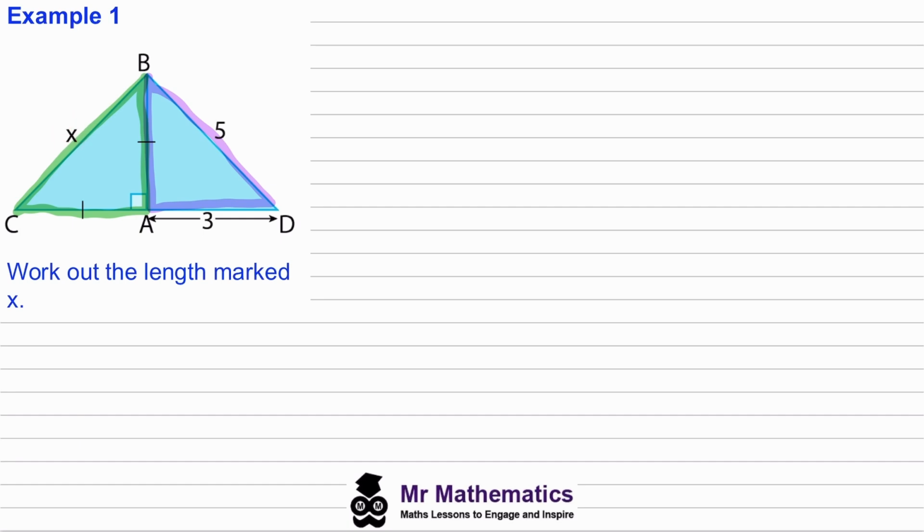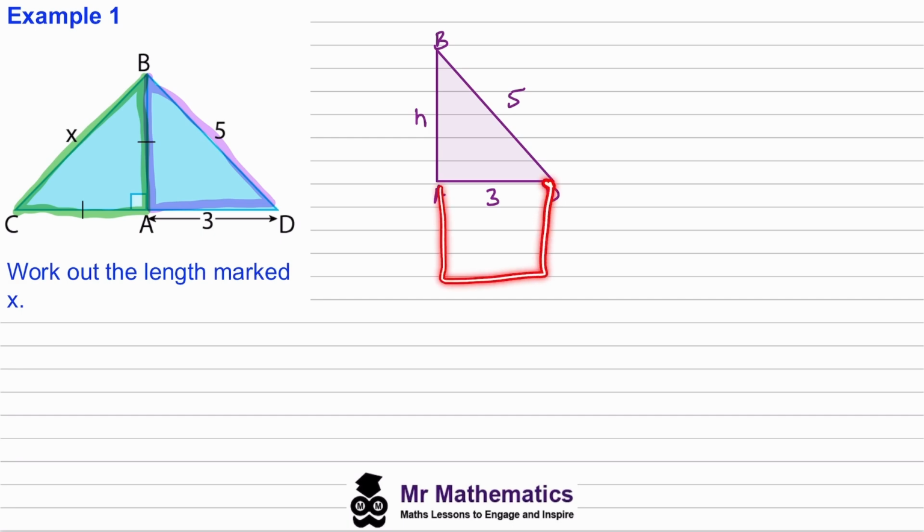So if we look at this purple triangle, if we call the length A to B h, then we know using Pythagoras' theorem, the area of a square on the A to D plus the area of a square on A to B will give us the area of a square on the hypotenuse side.